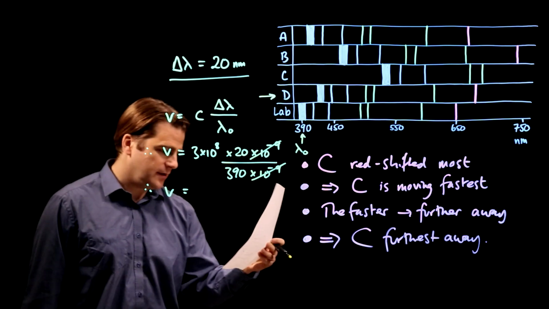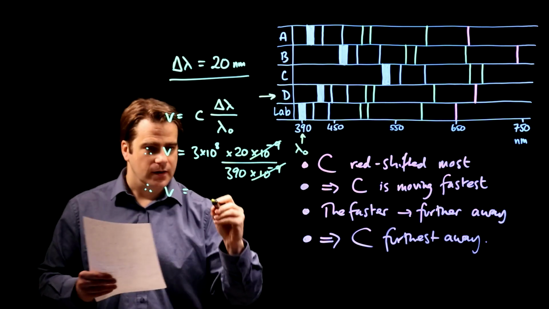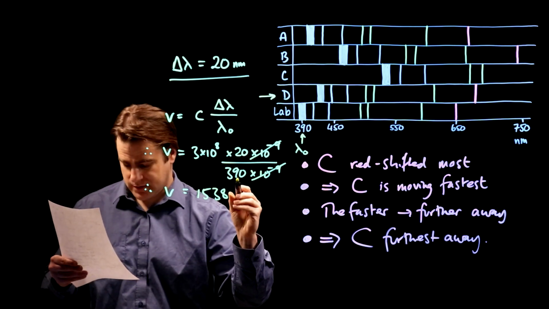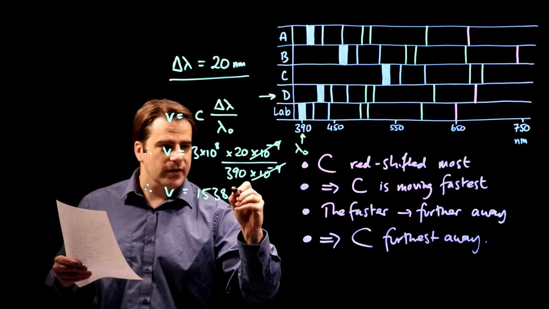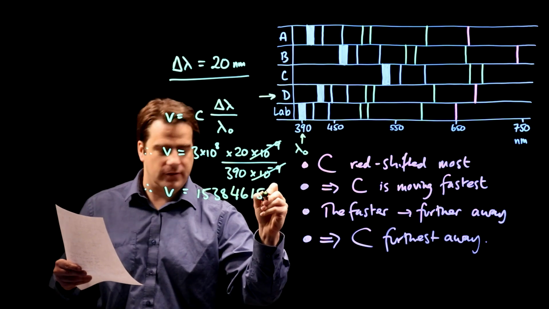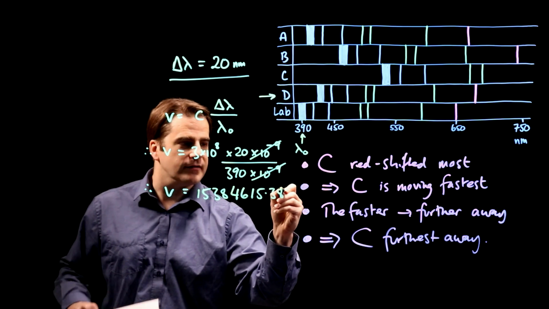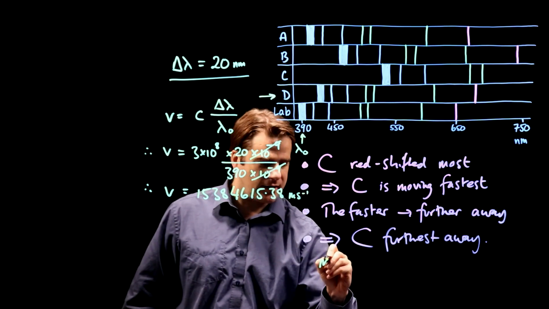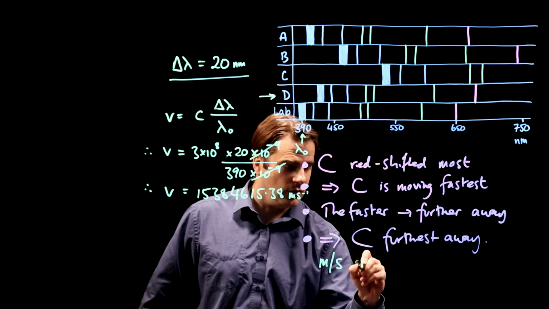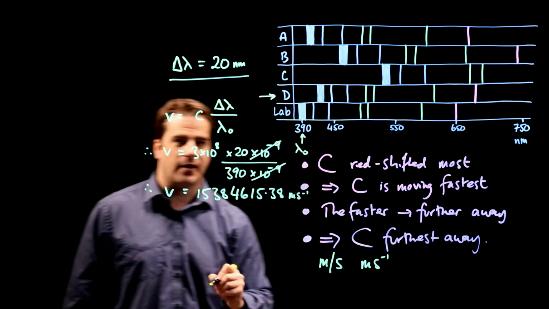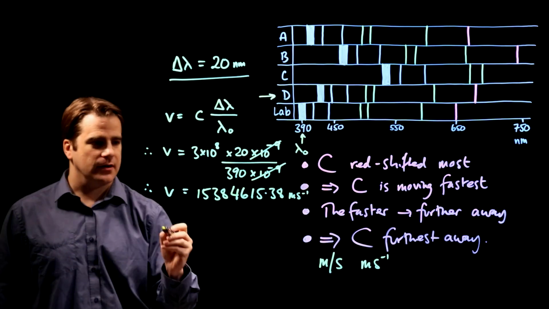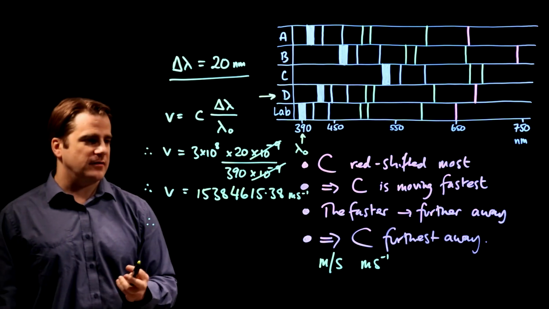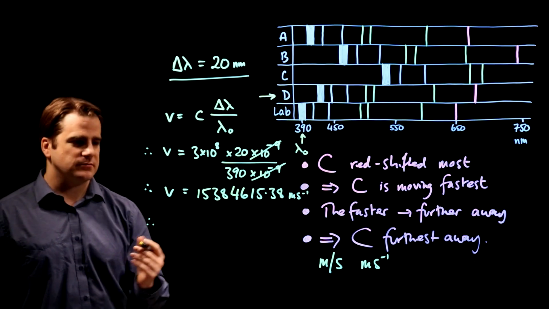Anyway, stick it in and you get 15384615.38 meters per second. Okay, you can write meters per second as m/s or m s^-1, same thing. It's up to you. Okay, that's the correct answer, but it's a bit ugly.